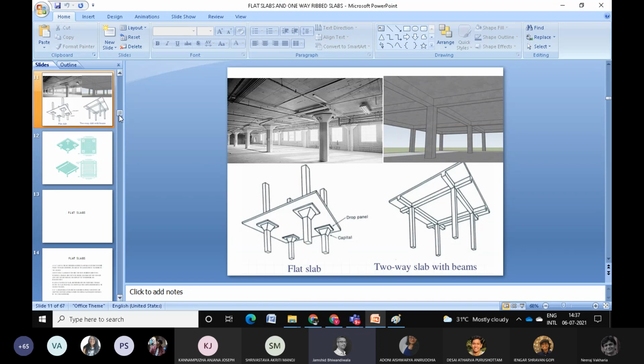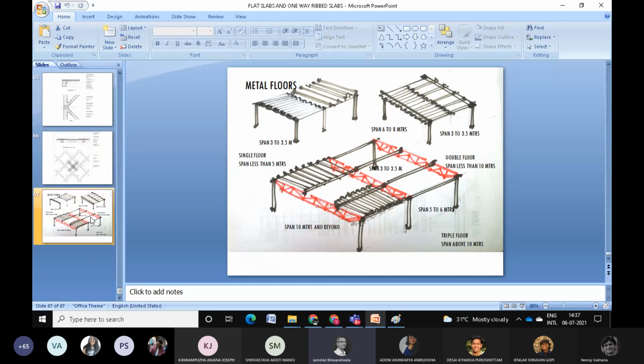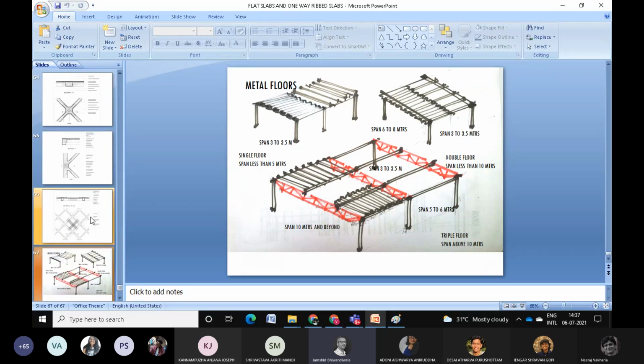Now, if you compare that with metal, how would you work with that in metal? In metal, we have what are called single floors, double floors, and triple floors.